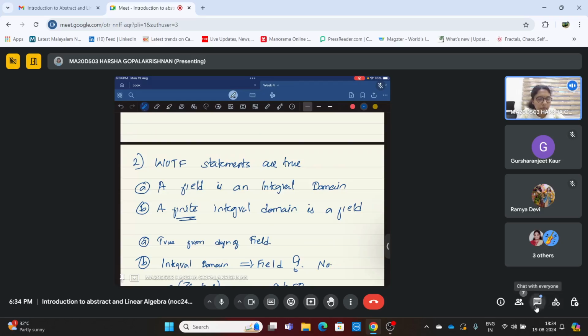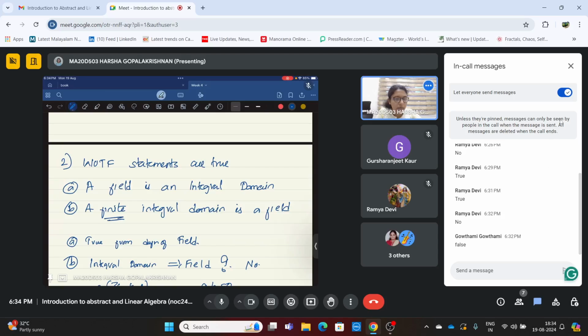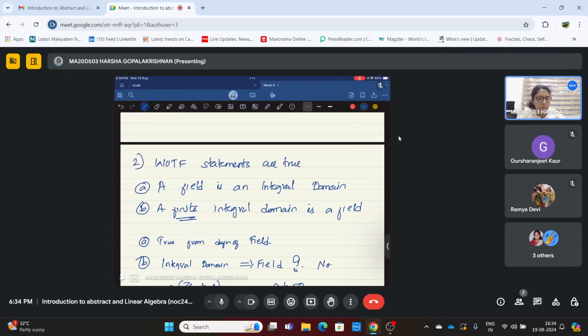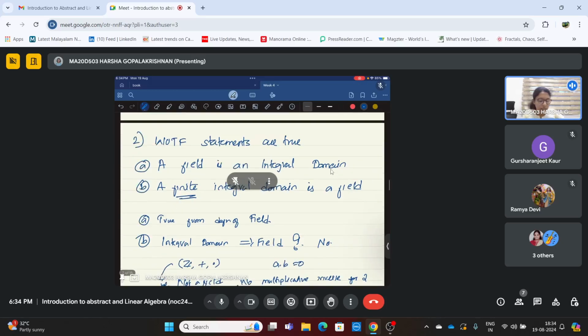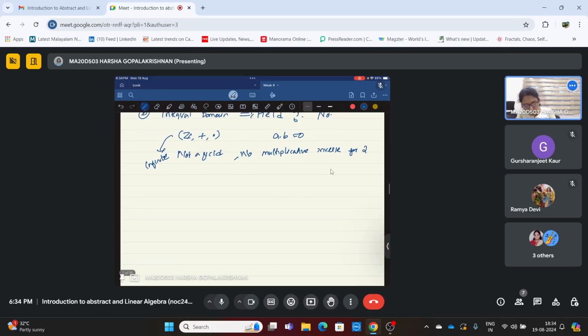Any idea or any guess? Actually this is true. In the infinite case we said it is not true, but in the finite case a finite integral domain is actually a field. Now to check, suppose R, plus, dot is a finite integral domain.